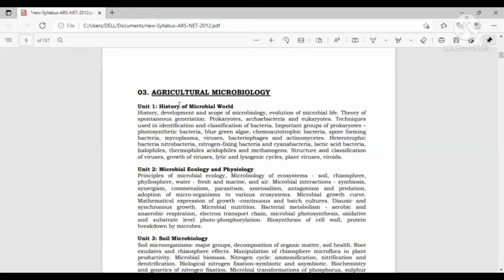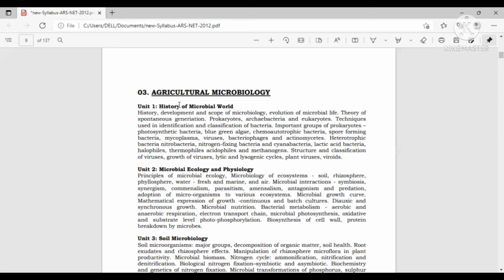In history, you study in detail about the contributions of different scientists, Louis Pasteur, Koch, Robert, Anton van Leeuwenhoek, and the theory of spontaneous generation, how it was disproved, and the germ theory of disease. So step by step, year-wise, you study all the important parts of our microbiology history.